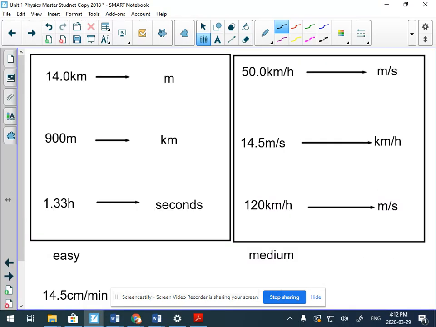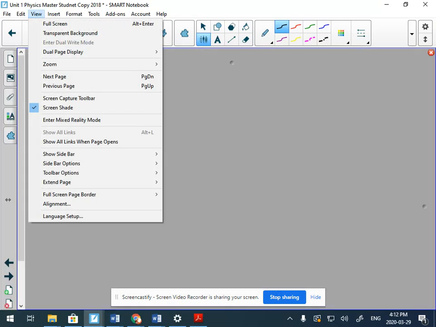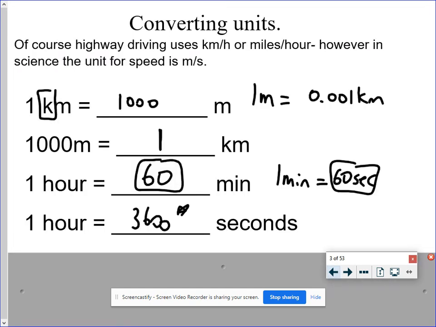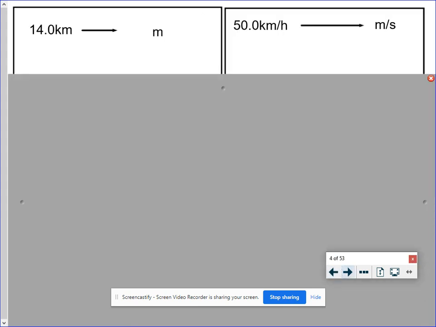I'm going to hide the top here, so we'll work at this kind of slow. All right, first question. How many meters are there in 14 kilometers? Well, if we go back to the previous page, there's 1,000 meters in 1 kilometer.